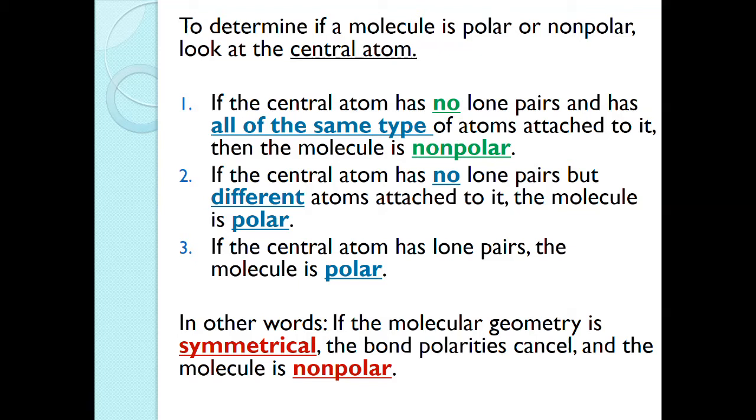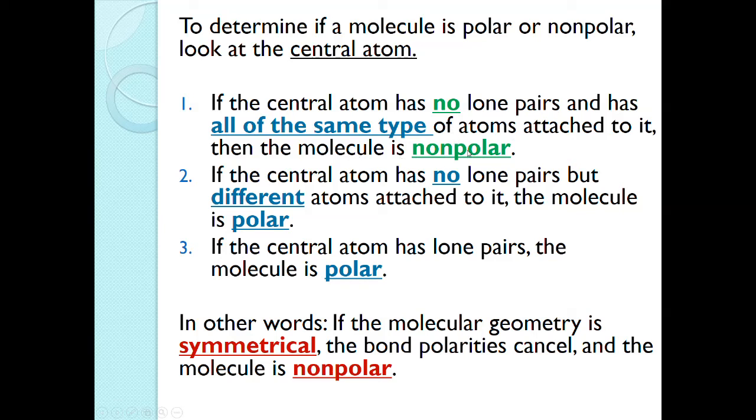So for number 1, if the central atom has no lone pairs and has all of the same type of atoms attached to it, then the molecule is nonpolar. Okay, so again, if it has no lone pairs and it has all of the same types of atoms attached to it, then it's going to be nonpolar.